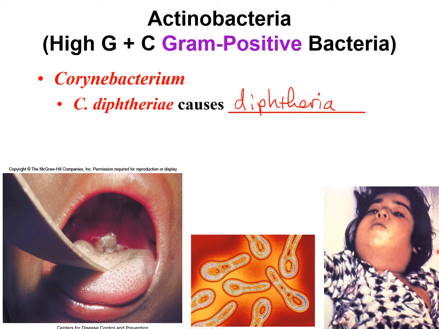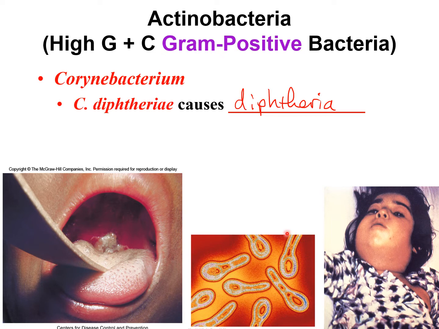So between both of those, some patients actually needed to have tracheostomies in order to breathe. And so the nickname for diphtheria is they used to call it the strangler because it would pretty much cut off your ability to breathe, and some people would suffocate. And then we'll talk about some of the other things that it can also do as well.